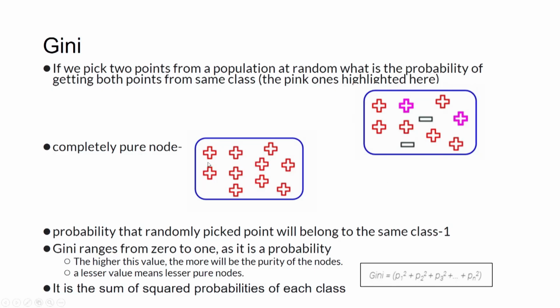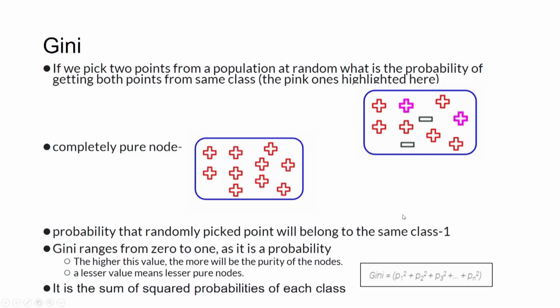Suppose you have a node, and in that node there are instances of different classes. You can see here 2 instances of the purple class, 2 instances of the green class, and the rest of the instances of the red class. So, how can we calculate the Gini of this node?